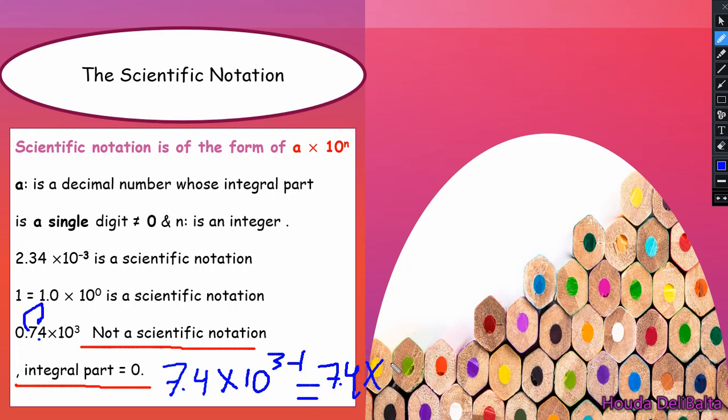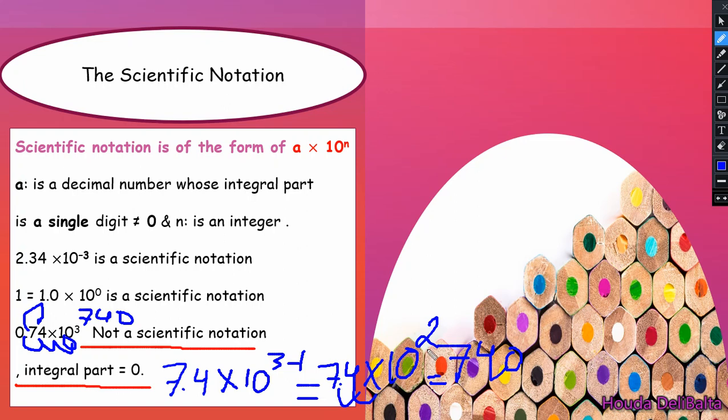Let's make sure they both have the same value. 7.4 times 10 to the power 2 is, by moving the decimal that way, 740. 0.74 times 10 to the power 3 is also 740. So notice the value doesn't change. What changes only is the form of writing.